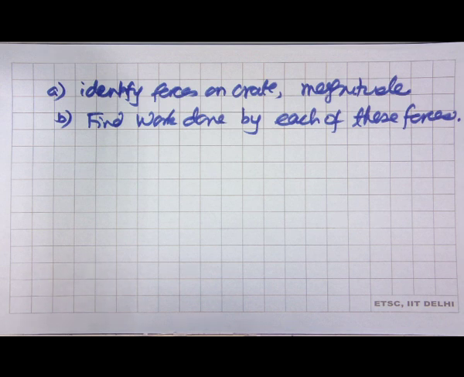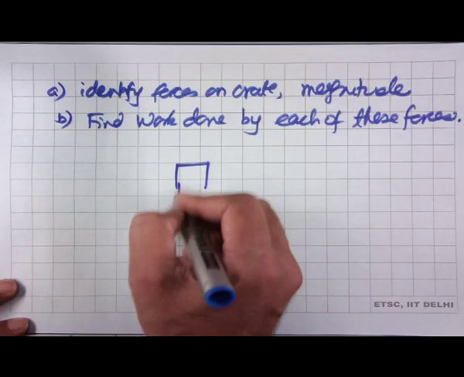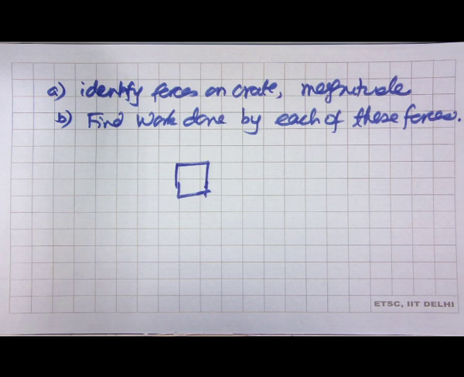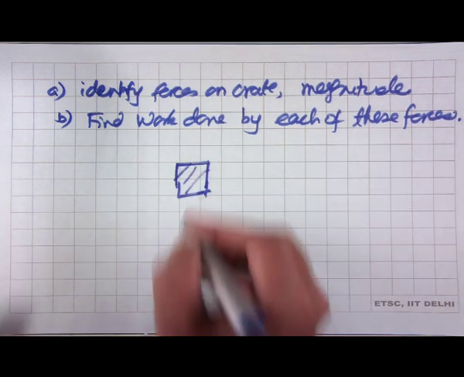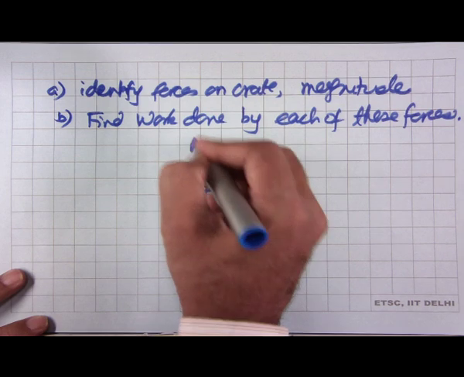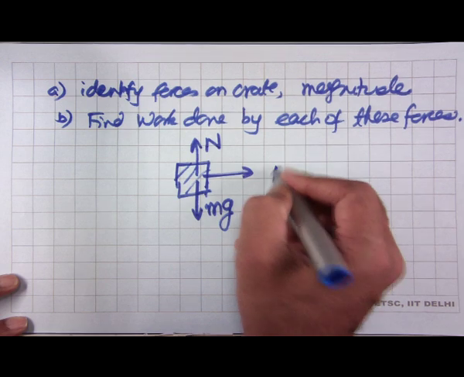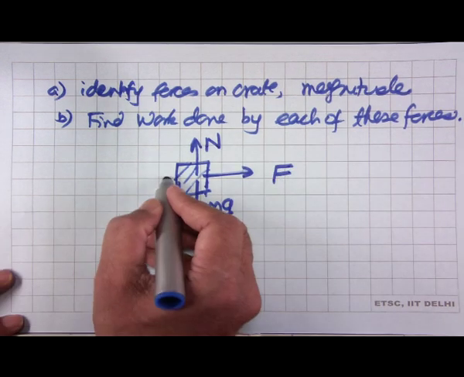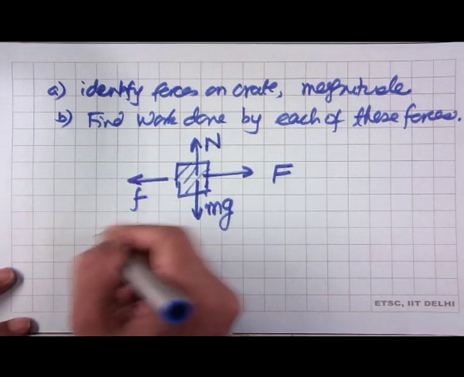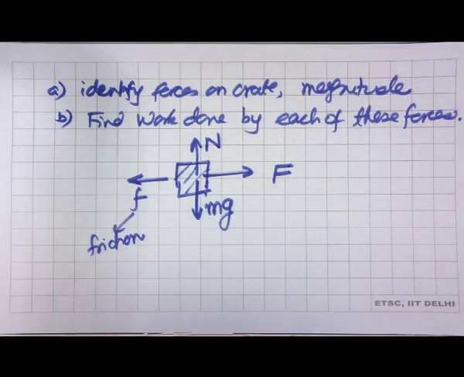Since we have to identify the forces on the crate, as in any problem, let us draw the free body diagram of the crate. So, this is the block or the crate, then we have the weight mg acting down, the reaction from the ground, which we put as normal reaction N. We have the force F applied on the block, and the force of friction, which I right now indicate as small f.